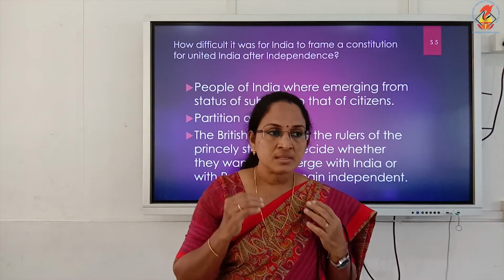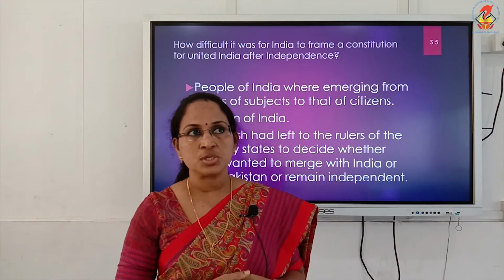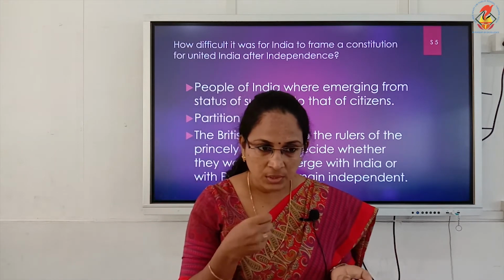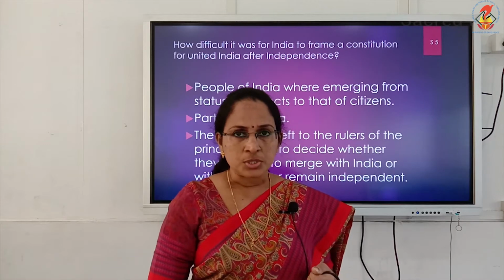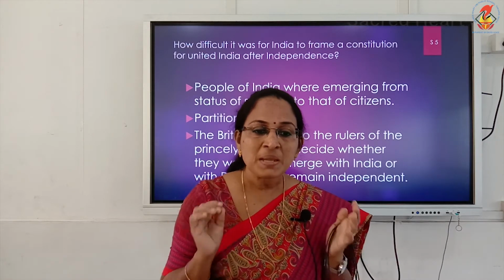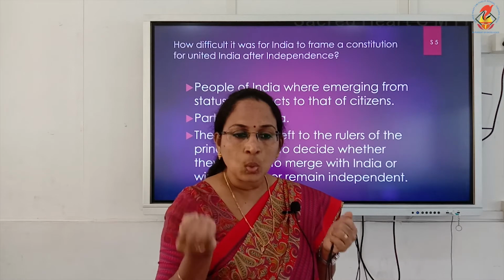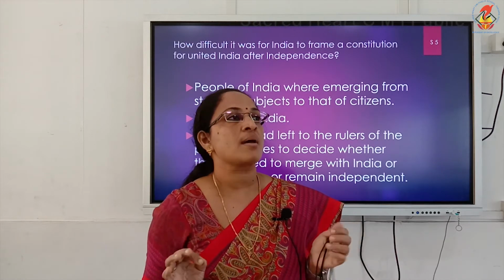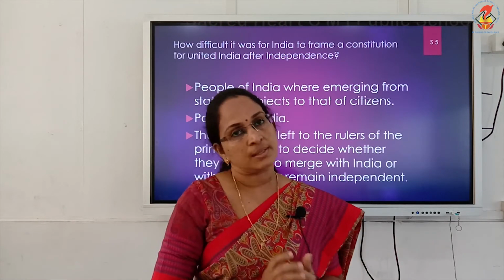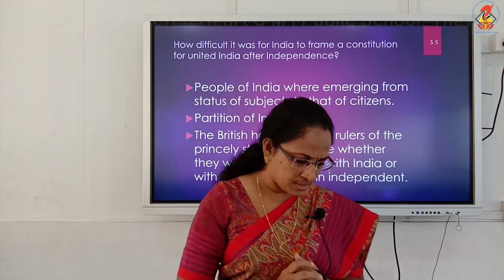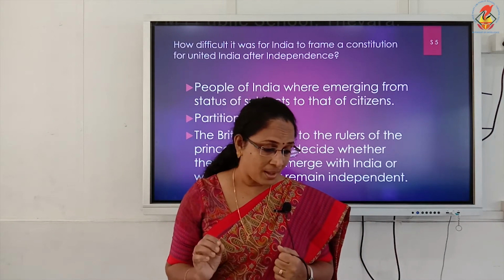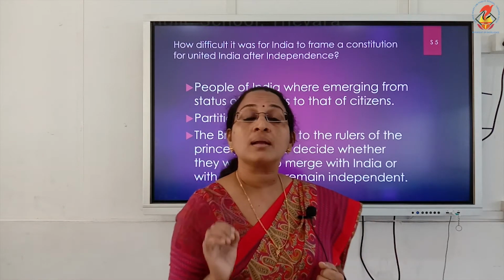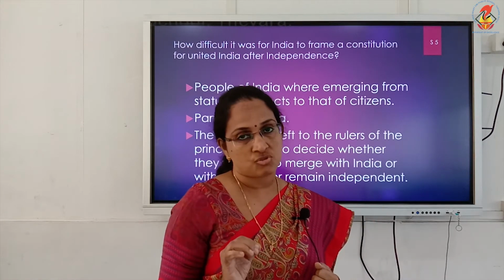At the time when our constitutional framers wrote the constitution, the people had just got the chance to be citizens of India. What is the meaning of citizen? Citizen means a free man and a legally recognized member of a country.